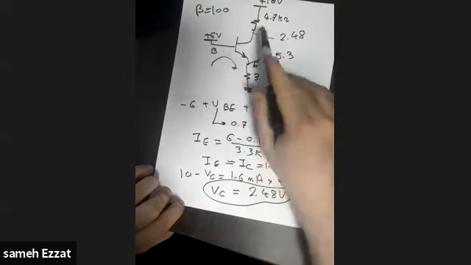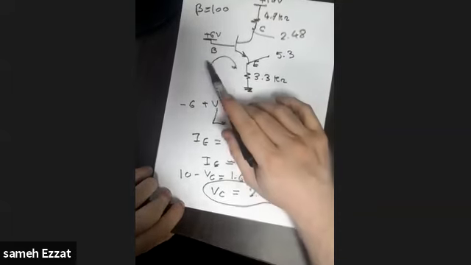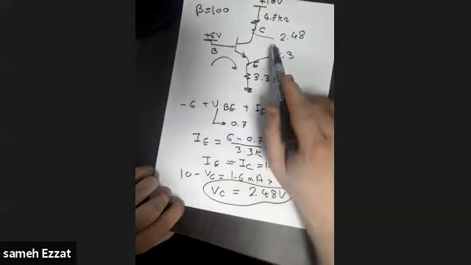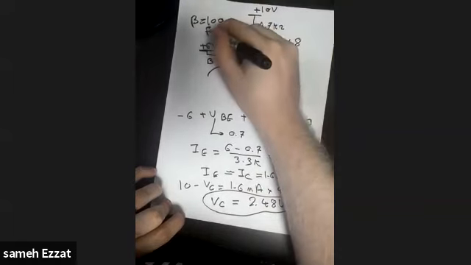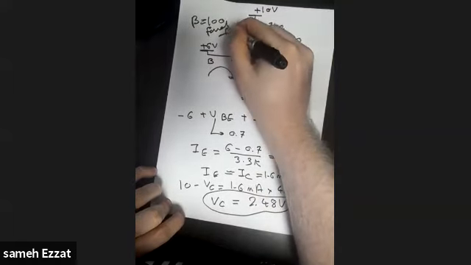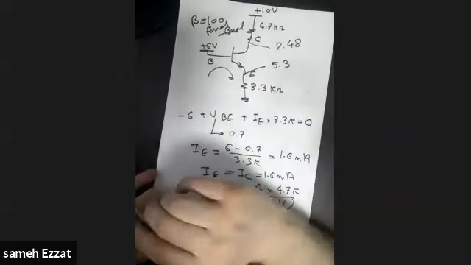Oh, now this junction is no longer a reverse junction. The voltage on the base is greater than the voltage on the collector. So it's now a forward biased junction. This is a forward biased junction.